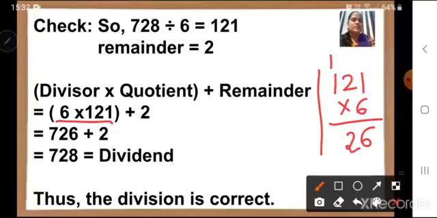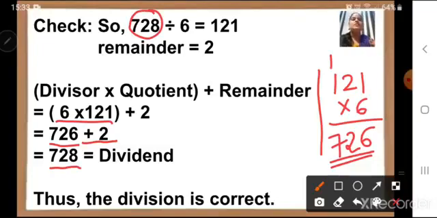Then 6 ones are 6 plus 1 will be 7. So when we multiply we will get 726. Then plus 2. So 726 plus 2 will be 728, which is equal to our dividend.